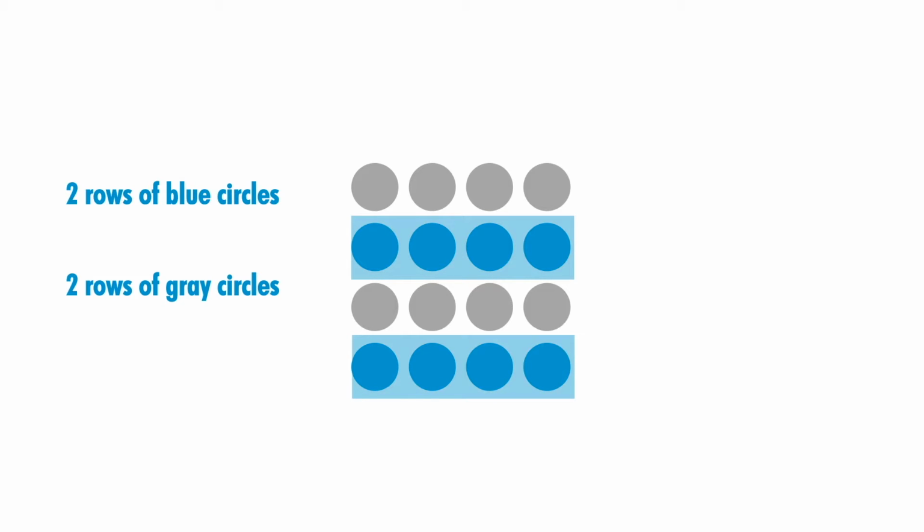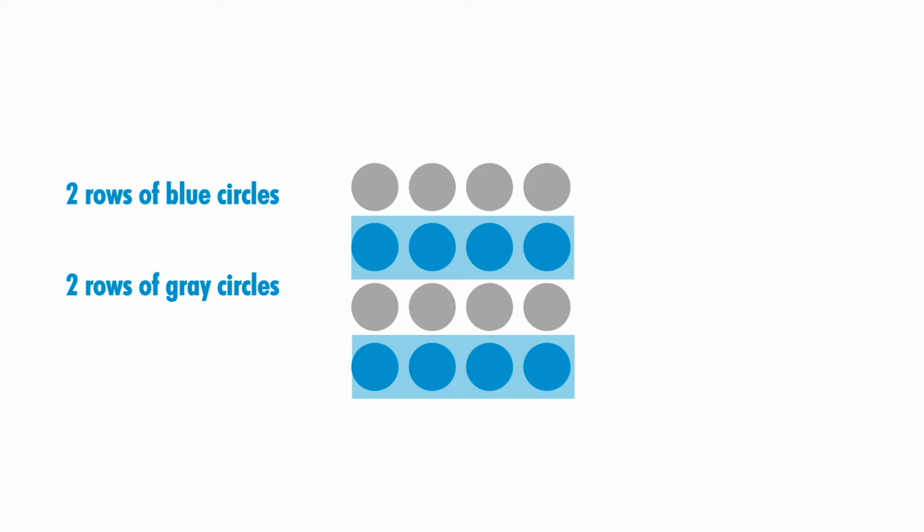I can use color to do that. Now you probably see 4 rows, or 2 rows of blue circles and 2 rows of gray circles. So just adding some color turned this square into rows without adjusting the proximity at all.